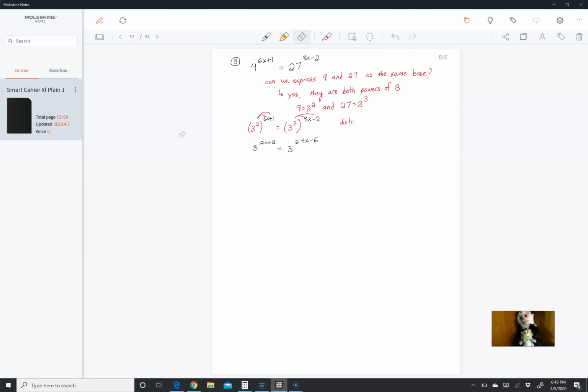So you're distributing the exponents. Exponent raised to an exponent, you multiply. And then you can set the exponents equal to each other because the bases are the same. You cannot do this unless the bases are the same.